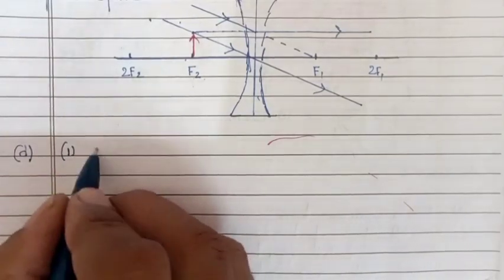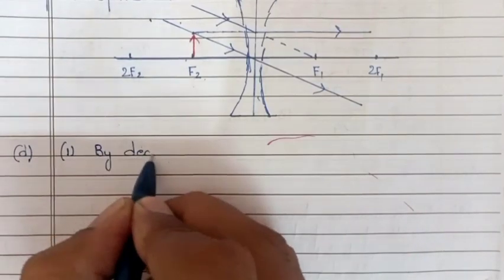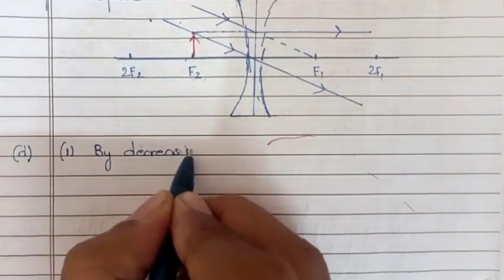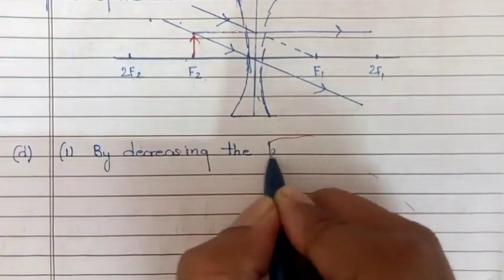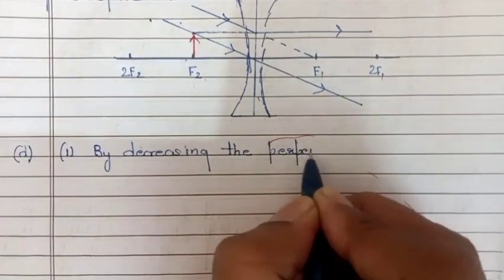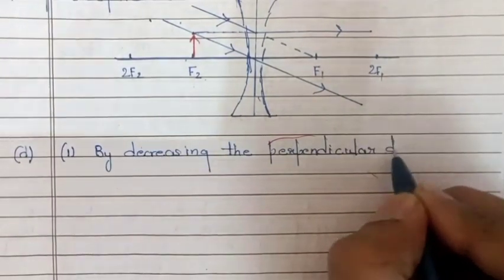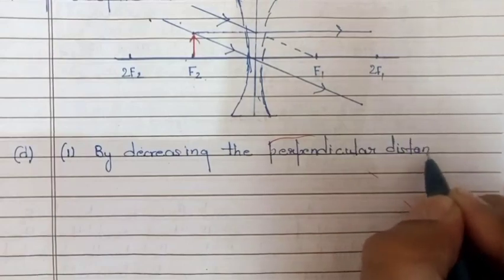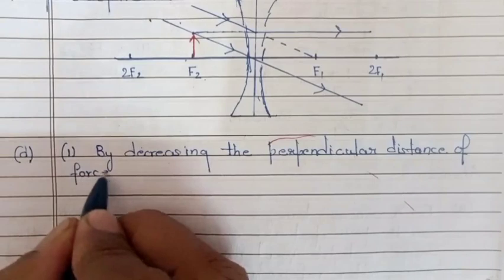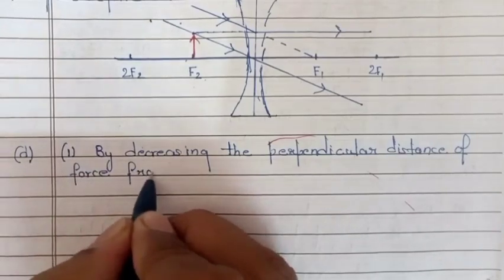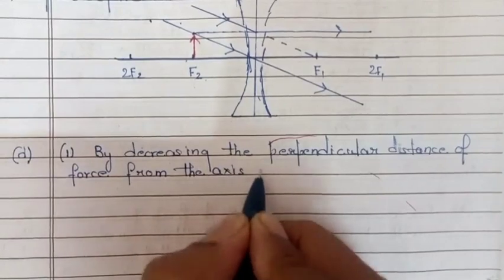So you can say: by decreasing the perpendicular distance of force from the axis of rotation.